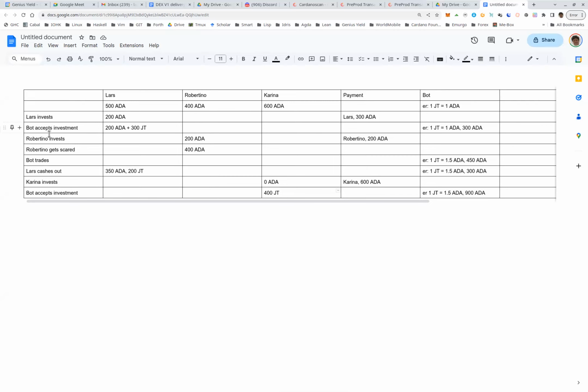The input to this accept would be the payment UTXO and the bot UTXO. Then the minting policy would ensure that the correct amount is minted: the ADA in the payment multiplied by the exchange rate in the bot. Then minting has to happen and go to the person making the investment. That would be encoded in the minting policy of this token.